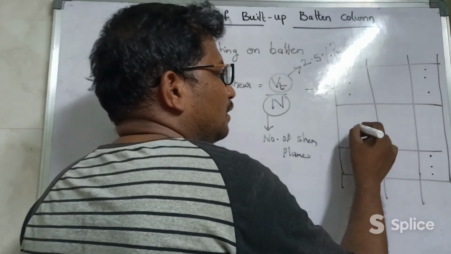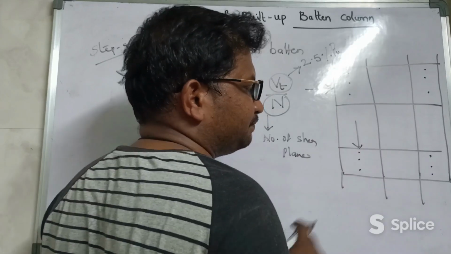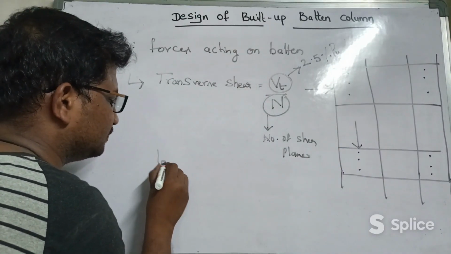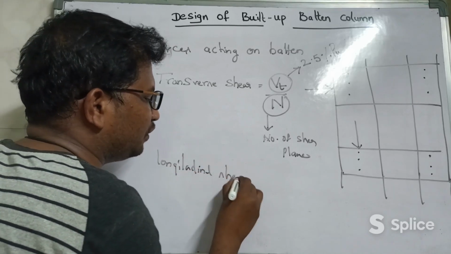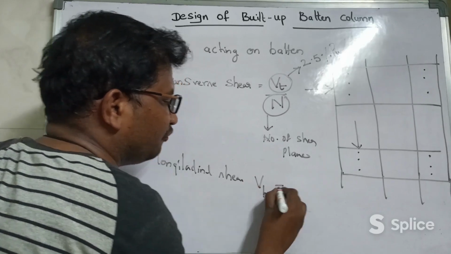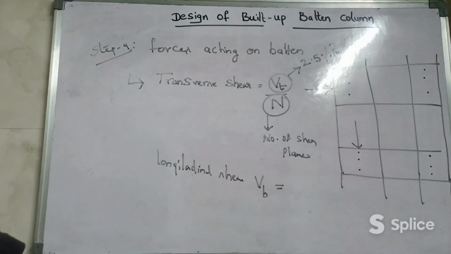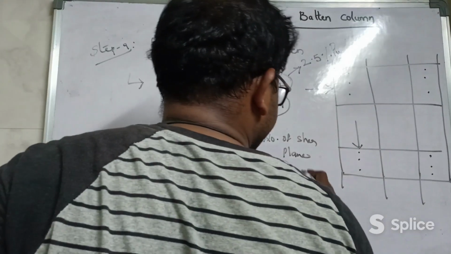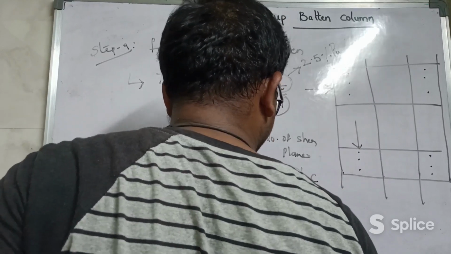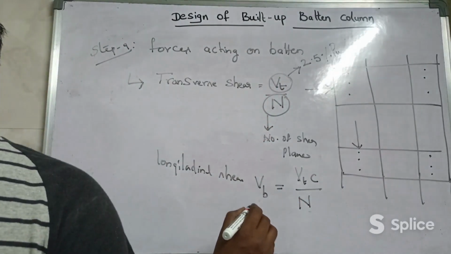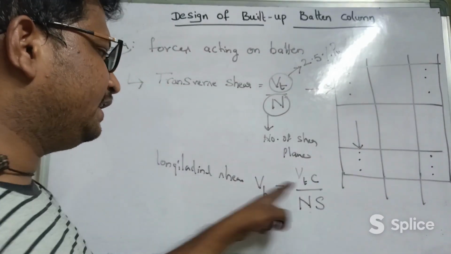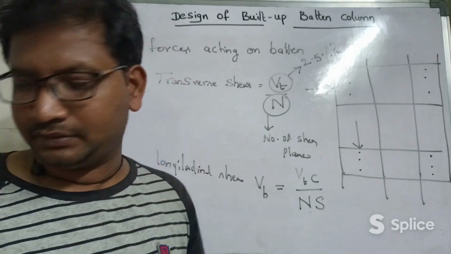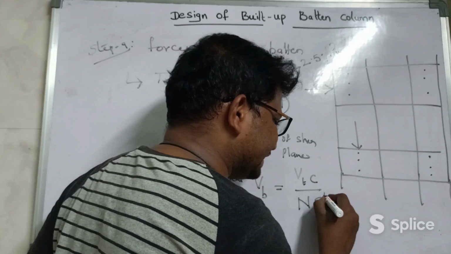Another force, longitudinal shear. Longitudinal shear can be represented by Vb. Vb is equal to VtC by N into S. Okay, better in place of S we will take S dash.